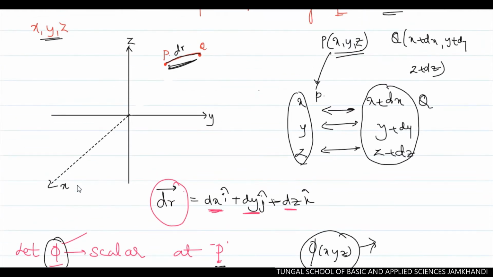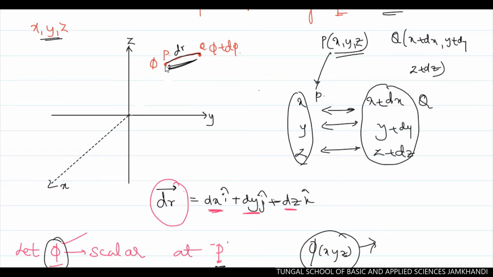Similarly, now if I consider the variation from point p to q, at point p the function is phi, and at point q the function is phi plus d phi. The change in the total function is only d phi, right?